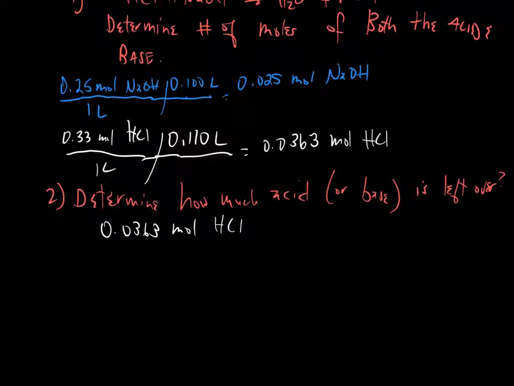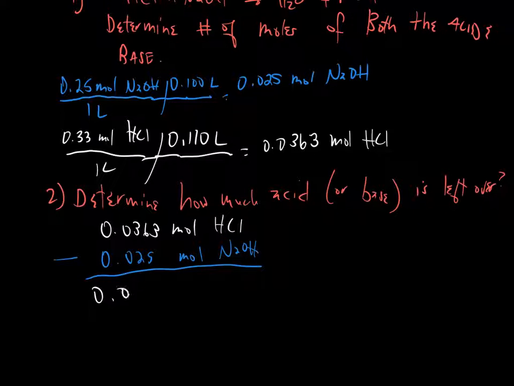We subtract out 0.025 moles of NaOH. If there was more base, you put the base on top. And that's going to be equal to 0.03 minus 0 is 3, 6 minus 5 is 1. Okay. So that lets us know how many moles of HCl that we have that's left over.